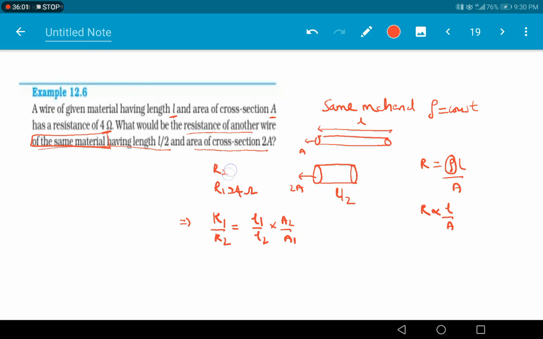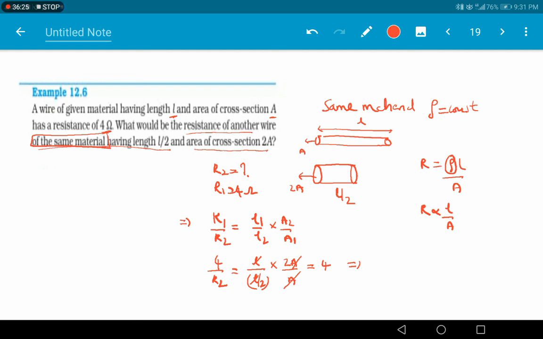Then they are asking what is R2. So substitute here: 4 by R2, L1 is L, L2 is L by 2, A2 is 2A and this is A. So A and L cancel, this side is 4.